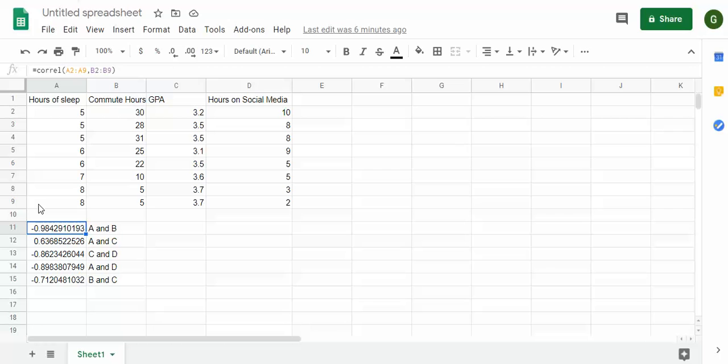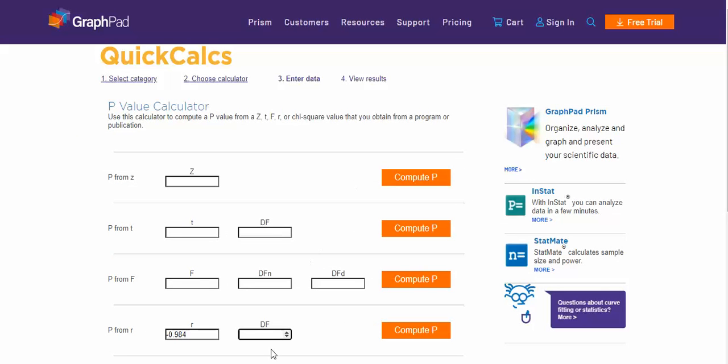So it's really just the number of participants minus the number of variables, which is 2 for a correlation. So yeah, 8 minus 2 is 6. So that goes in for df. And don't worry what df really represents, because for the purpose of our class, it's really just a step toward getting p, which is what we really want.